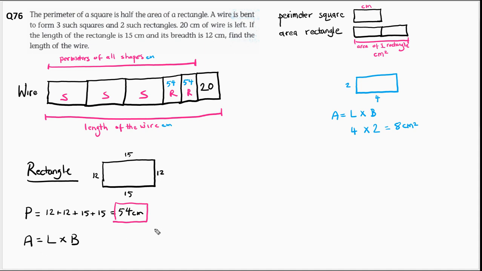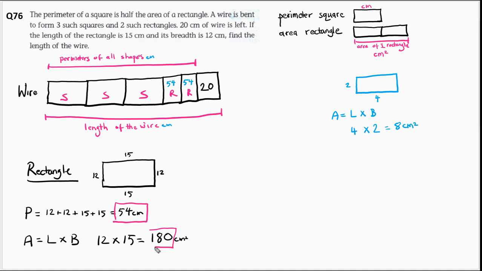So the area is 12 times 15. 12 times 15 is going to give us the area of this rectangle. And 12 times 15 is 180. And it's 180 centimeters squared.